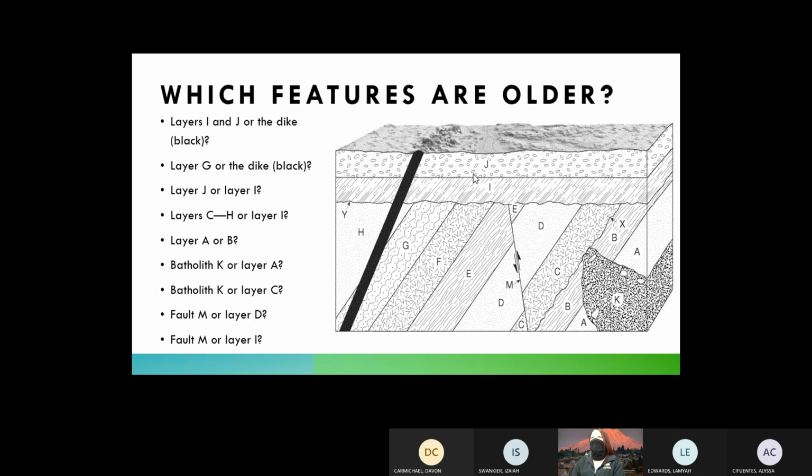Good. So layers I and J are older than the dike that cuts through them. That's your cross-cutting relationships, okay?